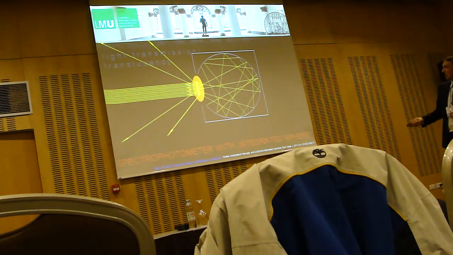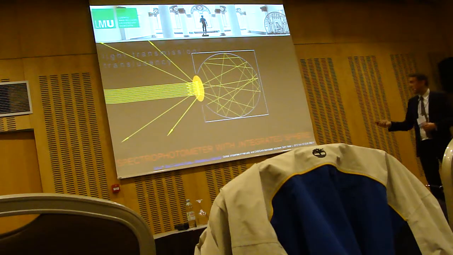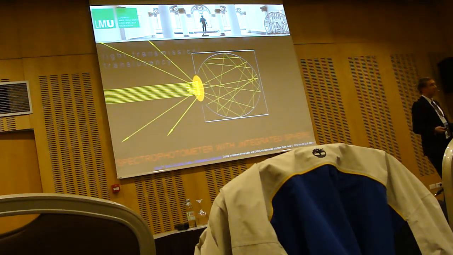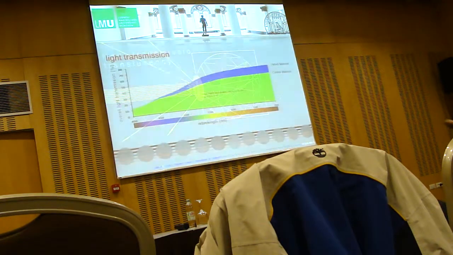So light passes on the specimen, some is absorbed, some is reflected, and some is transmitted into the integrating sphere. This is how we measured the translucency.